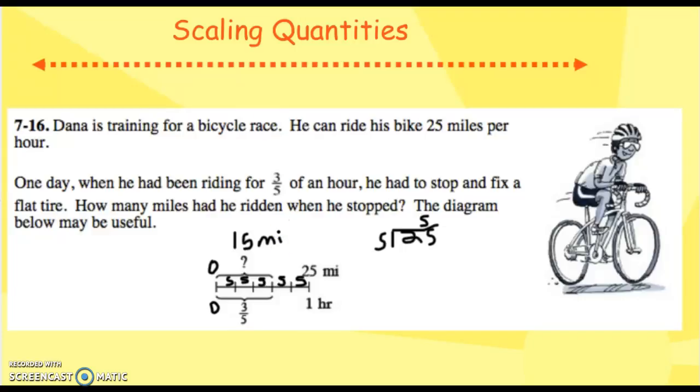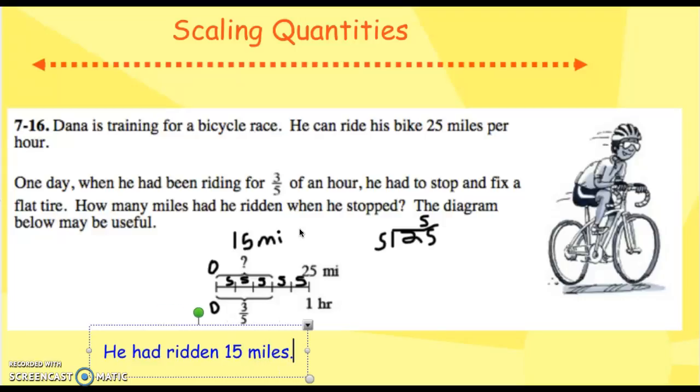So to answer my question, I'm going to write a sentence. My question is, how many miles had he ridden when he stopped? The way I'd answer this is he had ridden 15 miles. So that's what your work and your answer should look like in your notebook for 7-16.